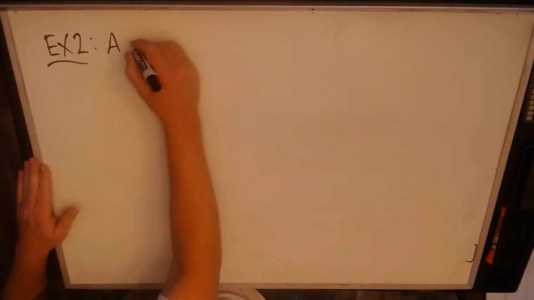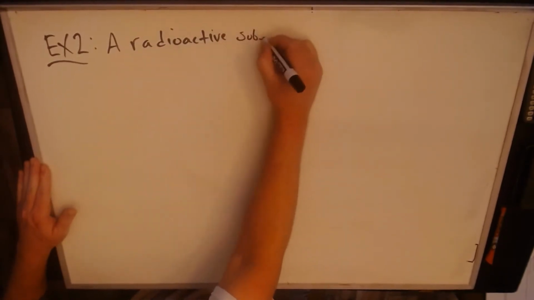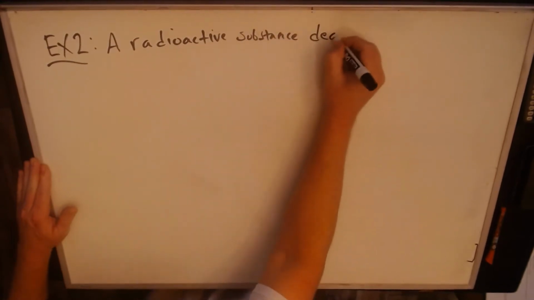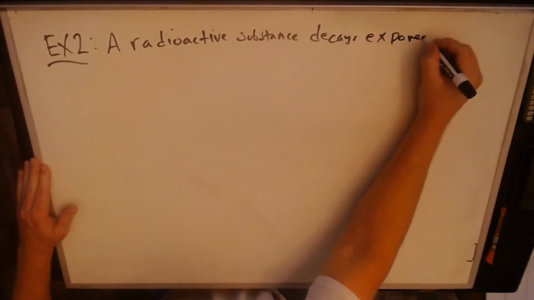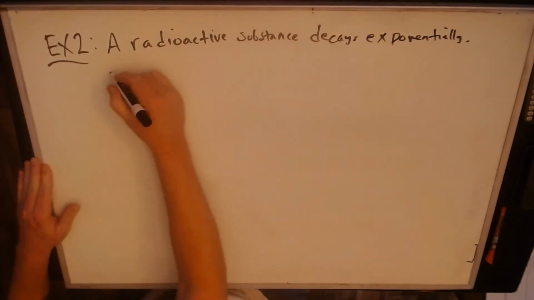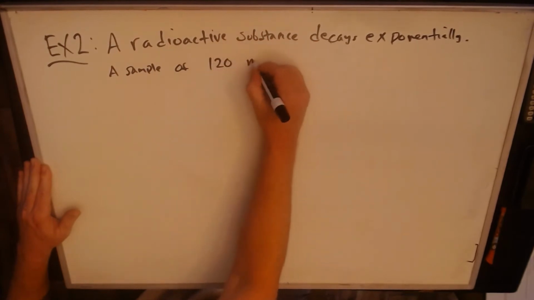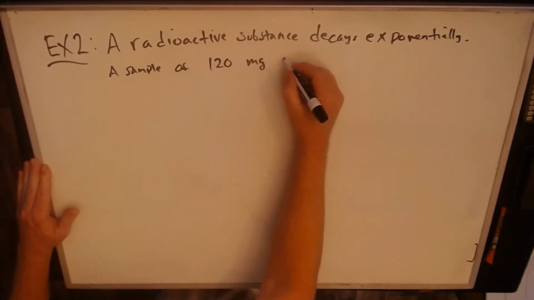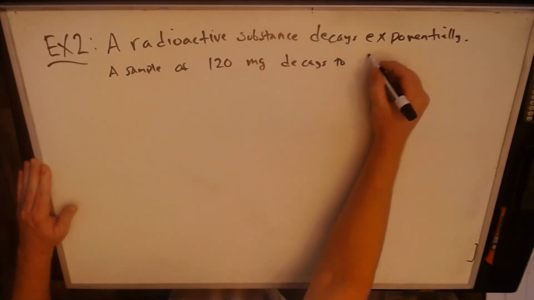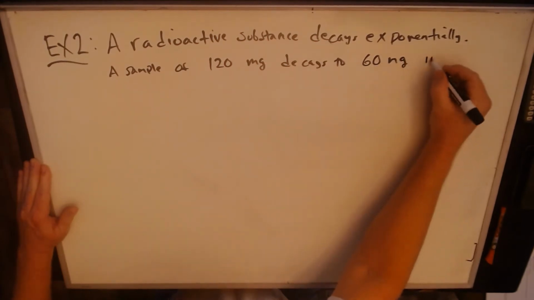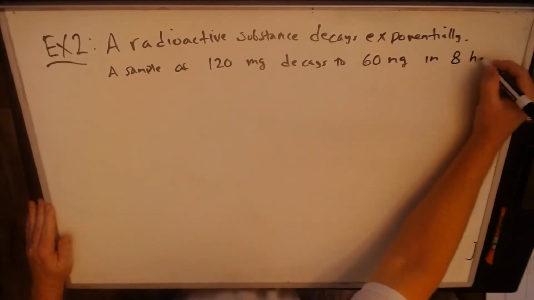A radioactive substance decays exponentially. A sample of 120 milligrams decays to 60 milligrams in 8 hours.